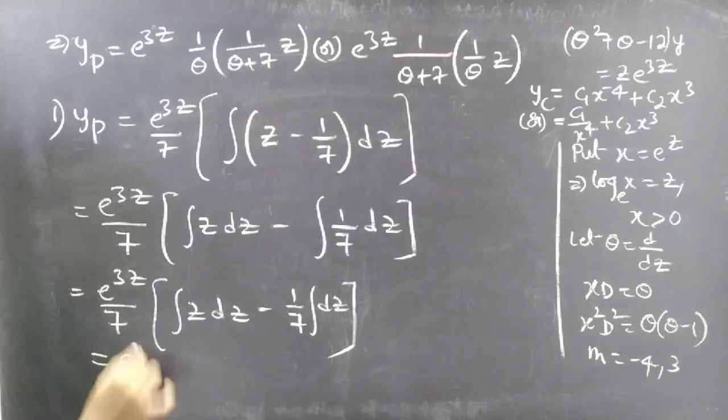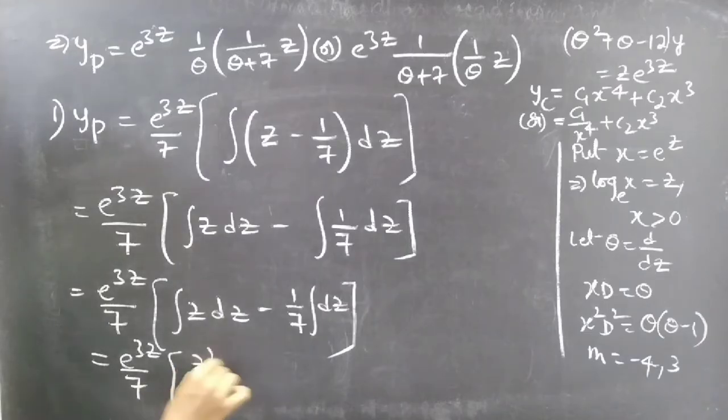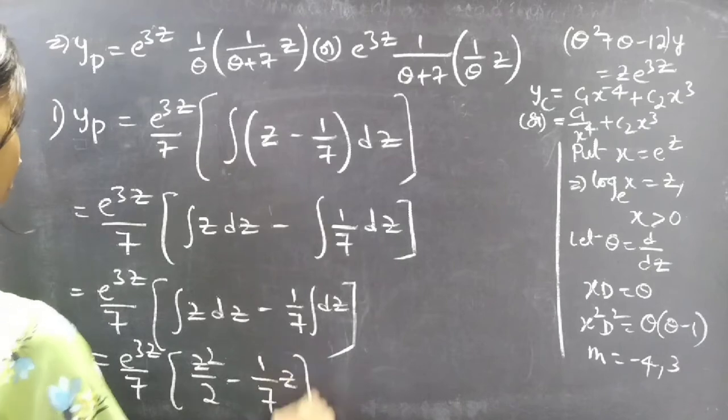This becomes e power 3z by 7 into integral z dz is z square by 2 minus 1 by 7 into integral dz is z, right?